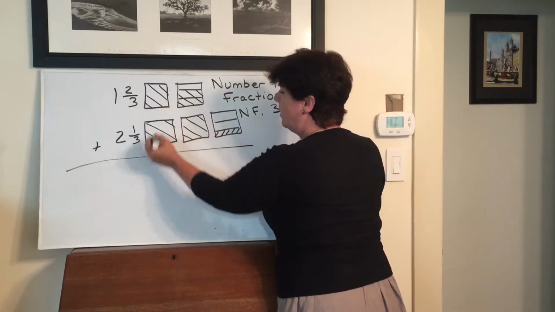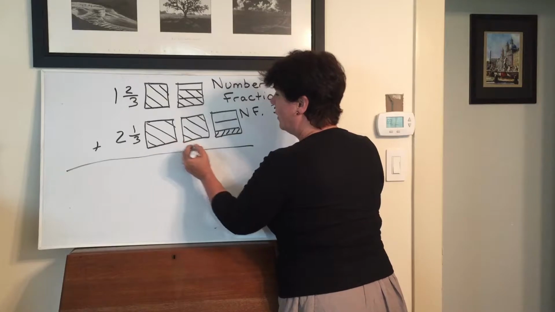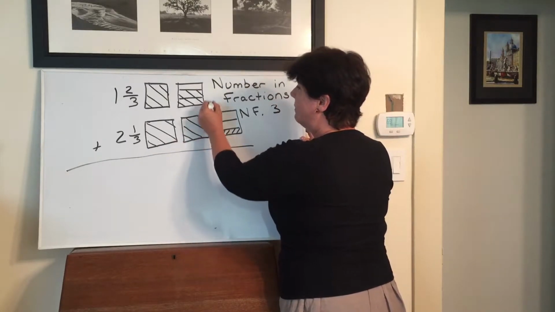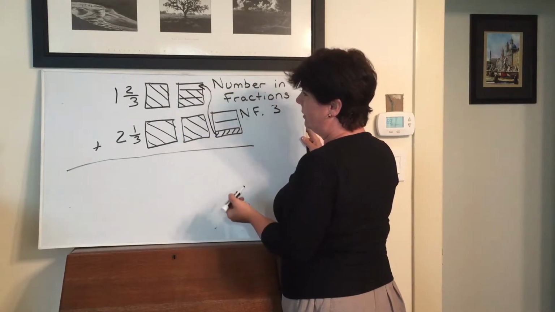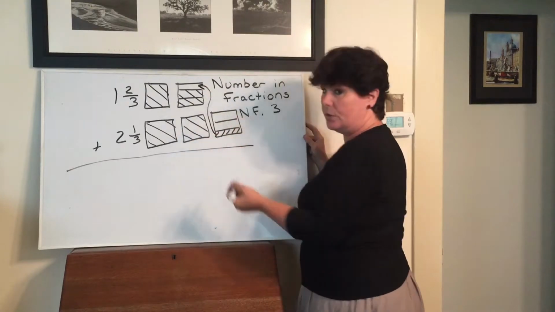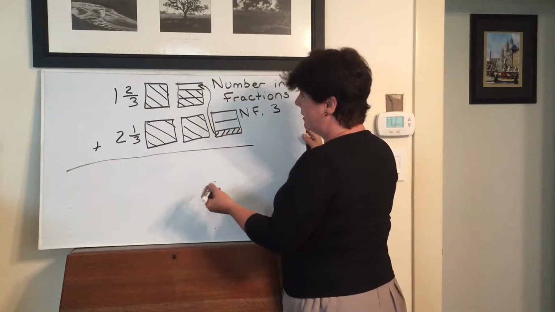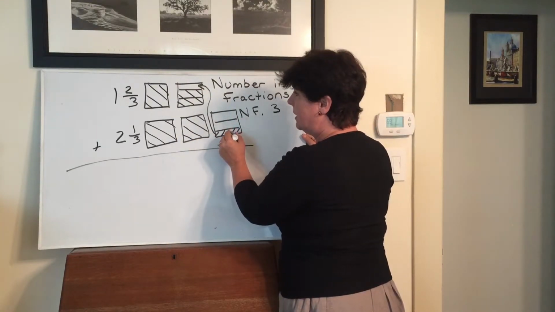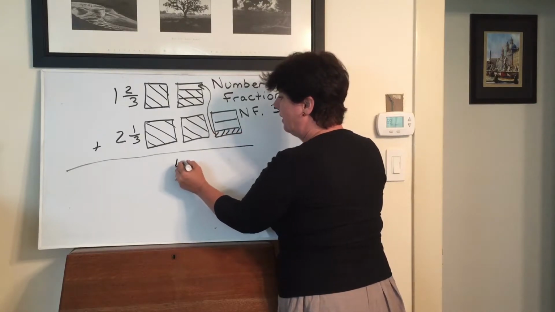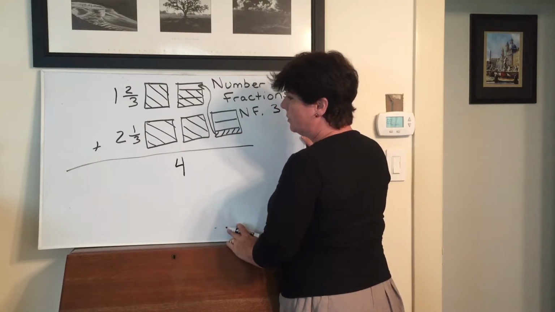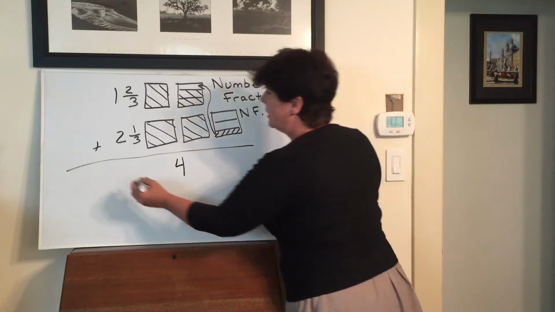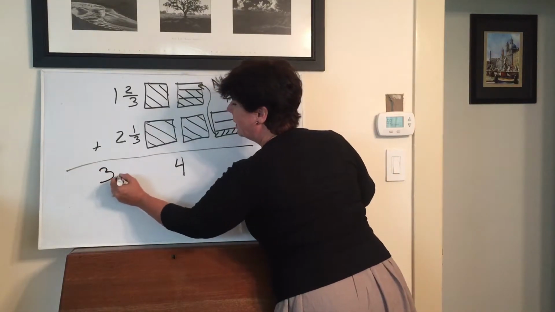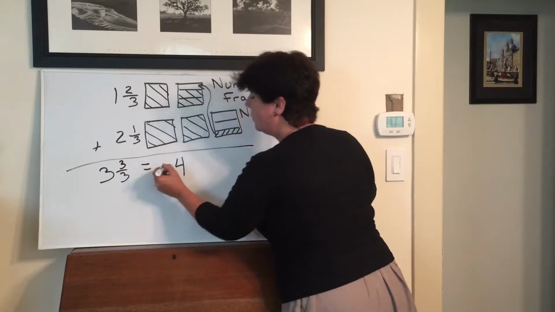I have 3 wholes so far, but if I add this one to that one, I would model it using an arrow, and then I would say this one's now empty, so what do I actually have? 4 wholes. Another way to say that is I have 3 3/3, and that's equivalent to 4.